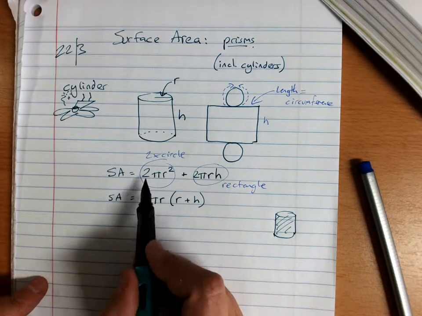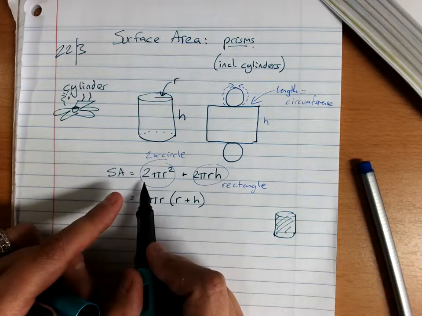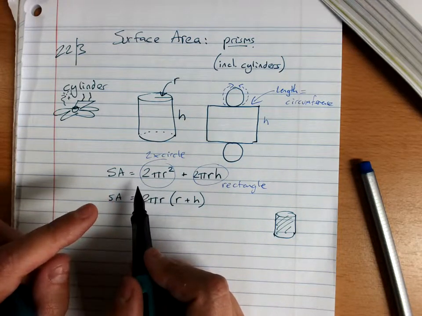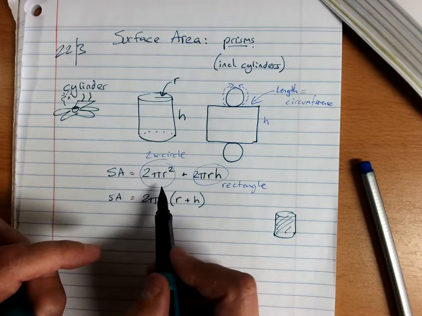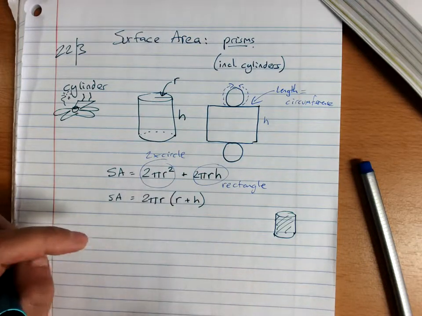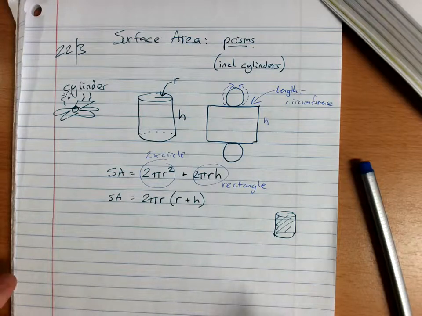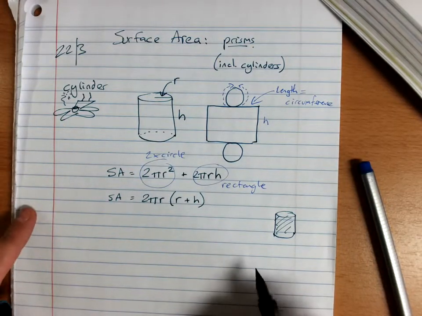If it's an open cylinder, what do I do to this 2? Get rid of it, because there's only one circle. If it's a totally open cylinder with no ends, what do I do to this bit? There we go. Please don't make this error in the test. It will make me very sad and I'll have to draw a dead fairy.